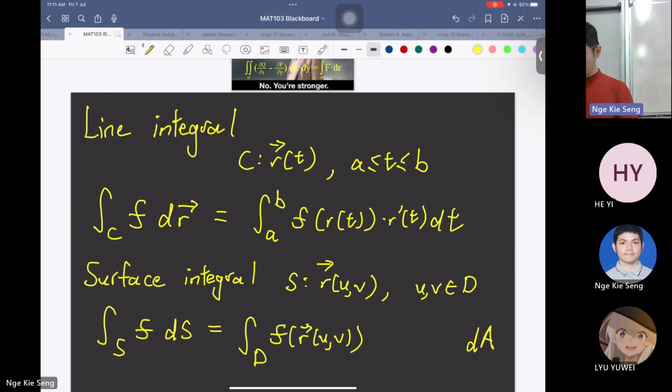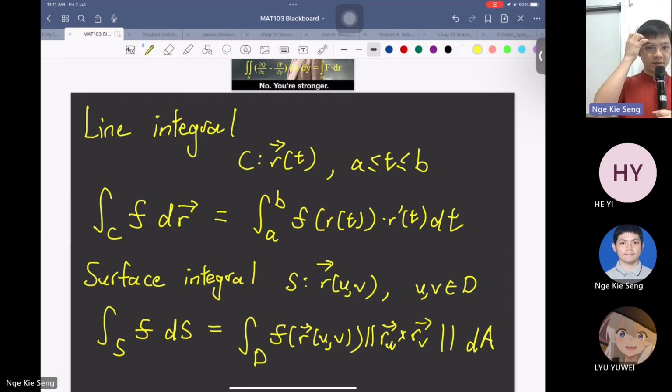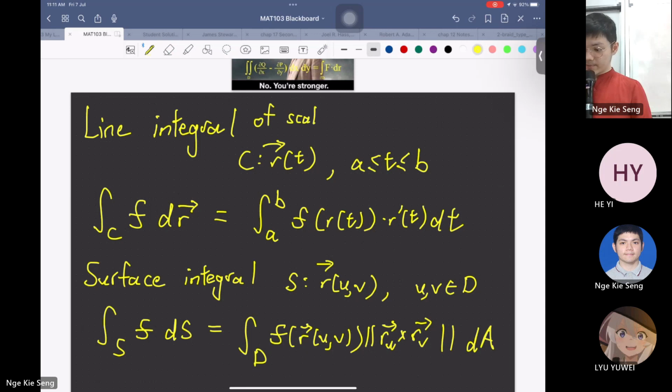So you take the length of r_u cross r_v. So this is the surface integral for a function, that is, for a scalar field. What I'm talking about is for a scalar field. Later we will introduce the surface integral for a vector field.